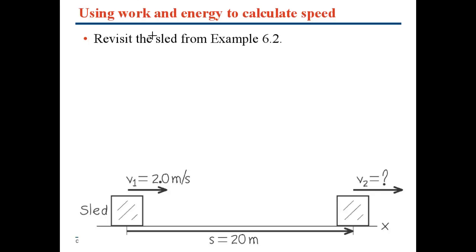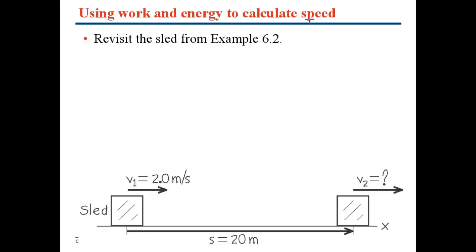We can use this work-energy theorem to solve example 6.3 in the book, if you're following along. This is using the sled that was pulled by the tractor from example 6.2, where we had all the forces acting on that sled: the mass and gravity in the downwards direction, friction in the backwards direction, and some normal force, and we solved for how much work was done by this entire system.